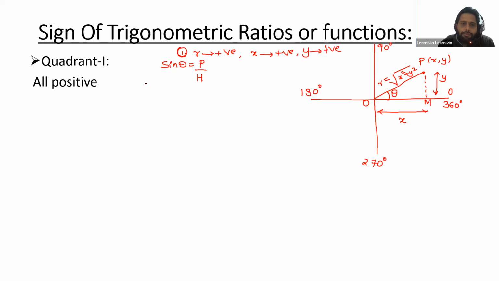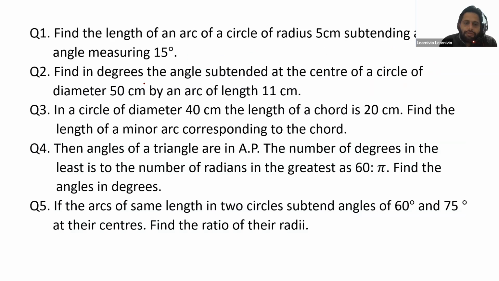Okay, I will do this. Hotvika, just give me 2 minutes. First I will complete this one, then we will start the next. So Yusra, in the fourth one, we assumed the angles as a minus d, a and a plus d degrees. Then we said that the number of degrees in the least, a minus d, to the greatest, a plus d, is in radian.